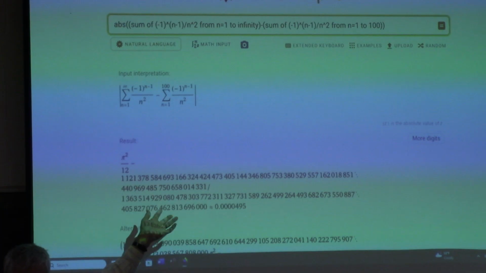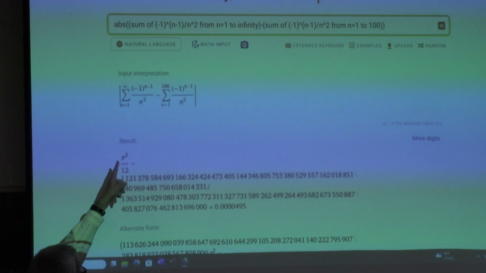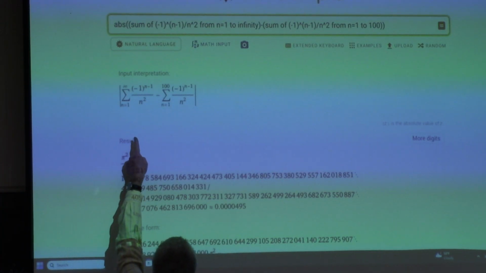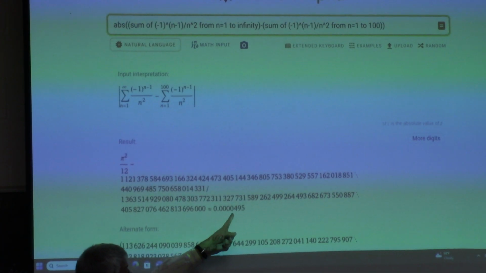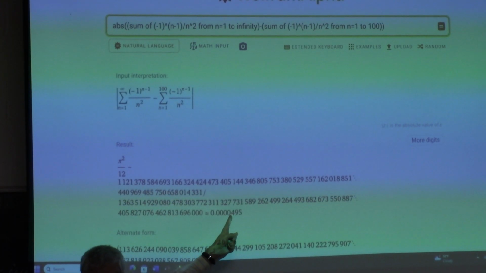You can also do this on a handheld calculator, but good luck figuring out what to type in. You have no idea whether you typed the right thing in. Whereas apparently I typed in the right stuff, computing the series minus the partial sum. The difference is, look at that, it's less than 0.0001.